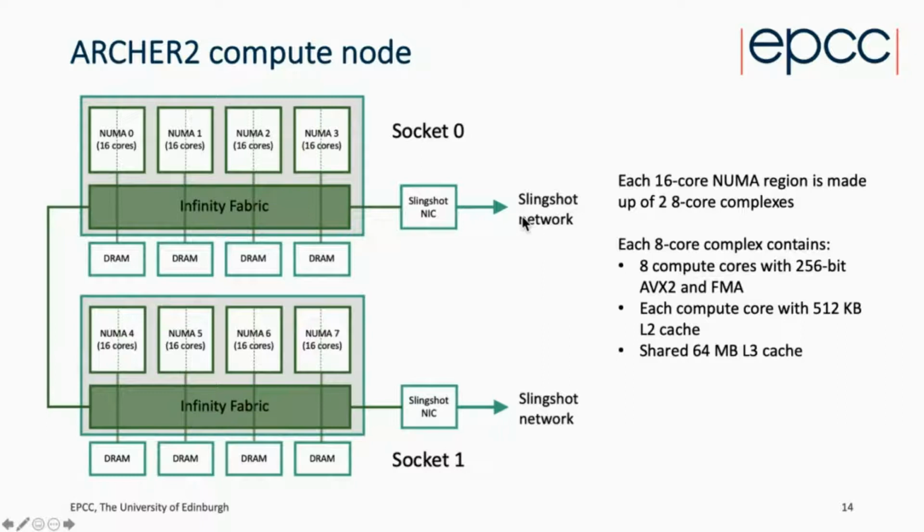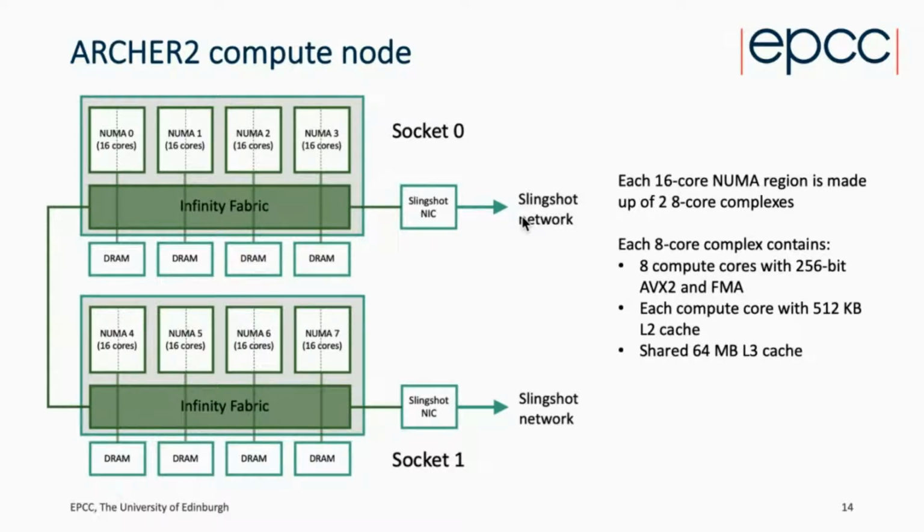I'll say a little bit more about the Slingshot network in a minute, not in very much detail. We may get a webinar from Cray on that in the future. But essentially, it's an Ethernet-based network rather than InfiniBand or Aries or the other things you might have come across before.